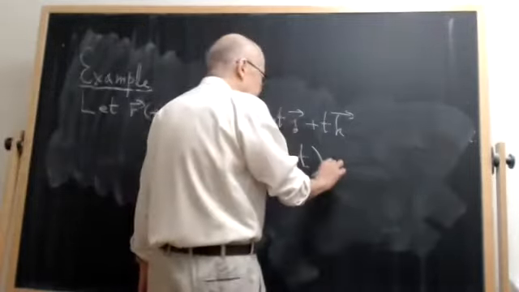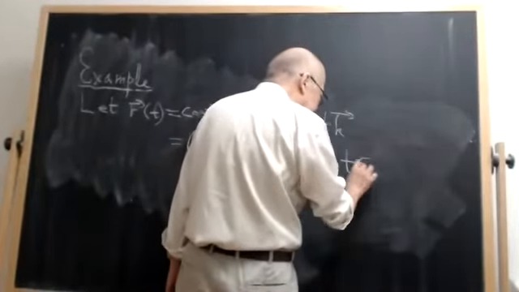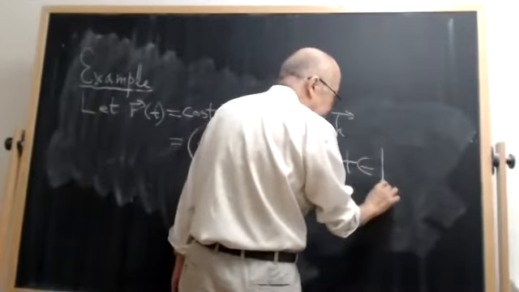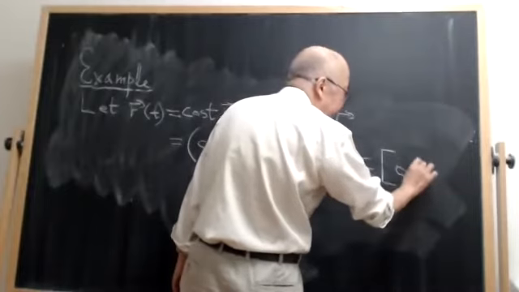Now, let's assume that t is between 0 and pi by 2.